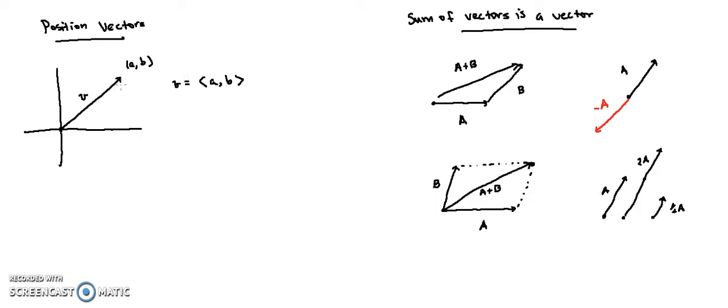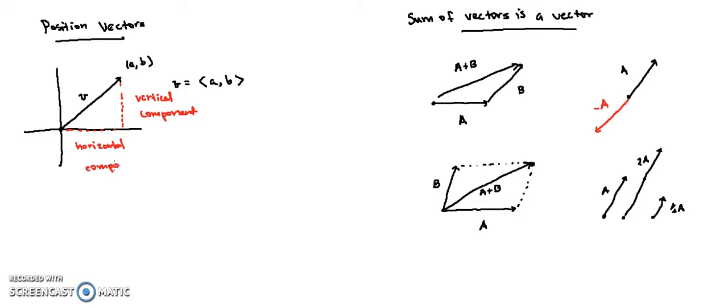Now we can break this vector into its two components. So this would be the vertical component. And this would be the horizontal component.